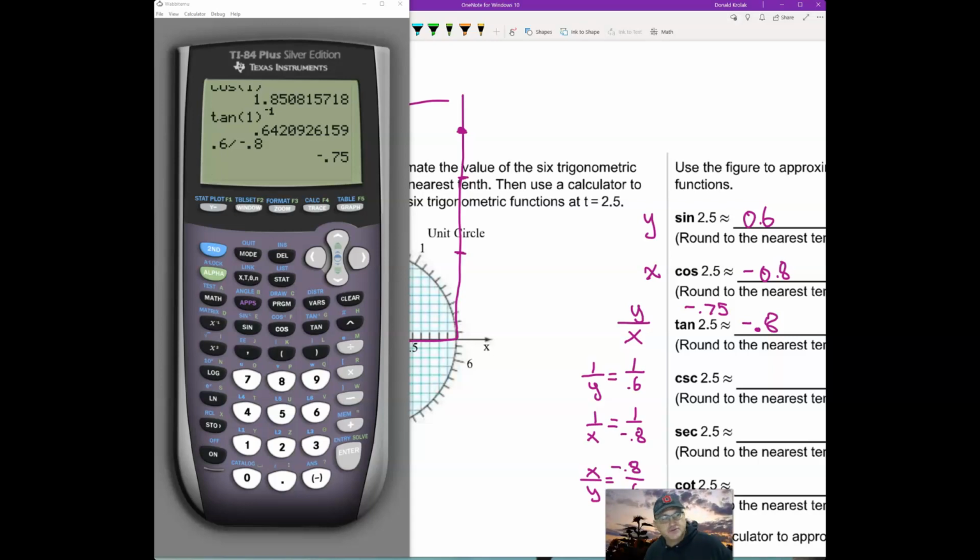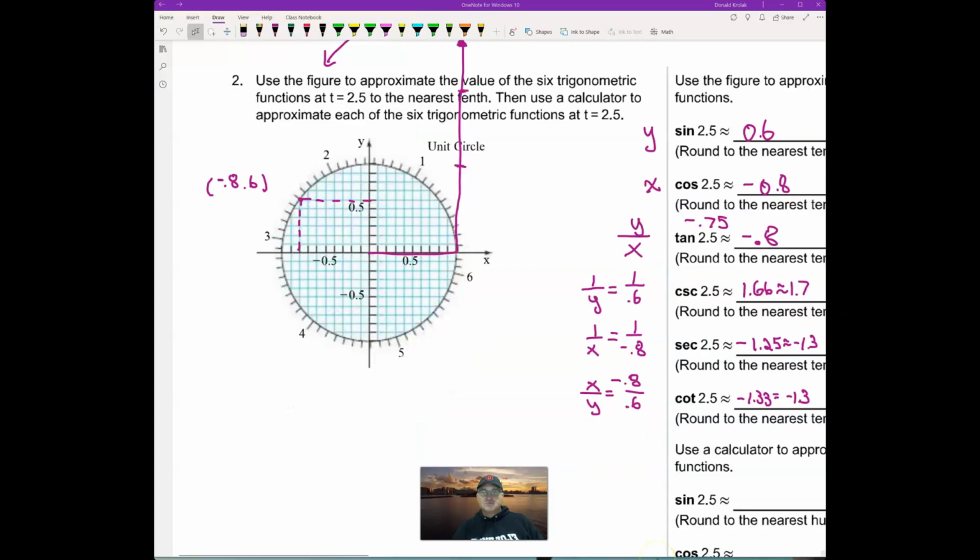And then you would do those on your calculator and round each one to the nearest tenth. So doing those on my calculator, I got 1.7, negative 1.3, and negative 1.3.